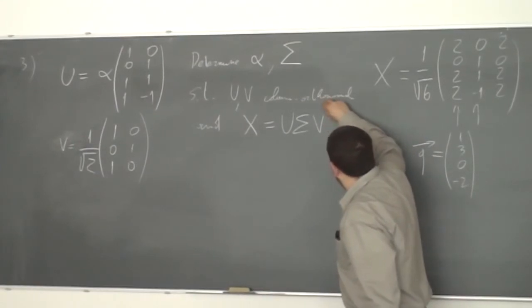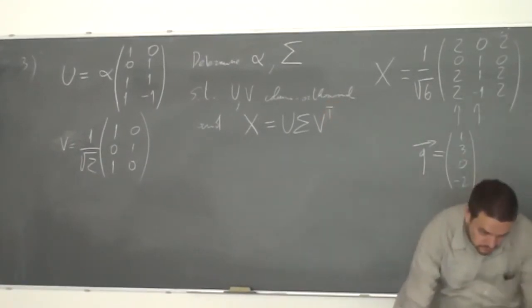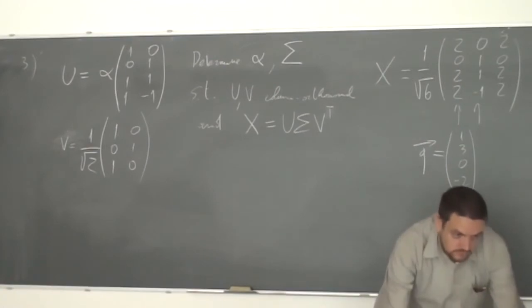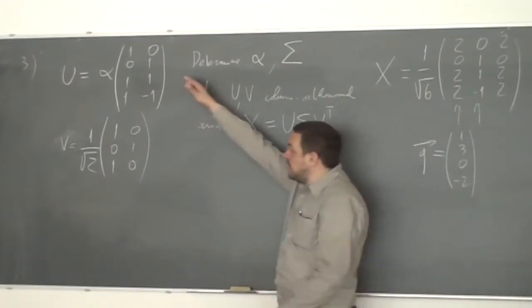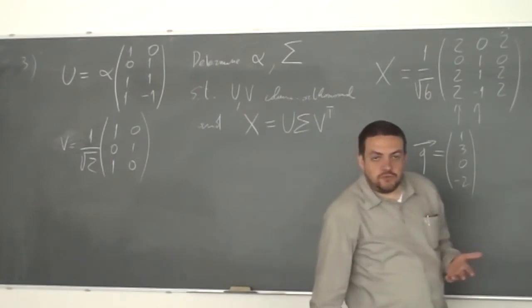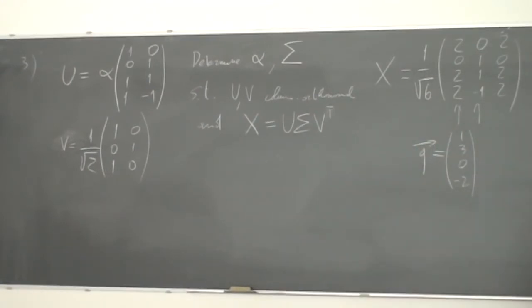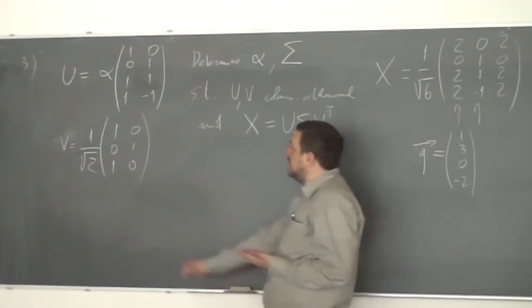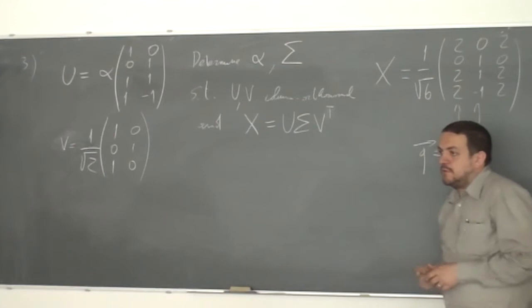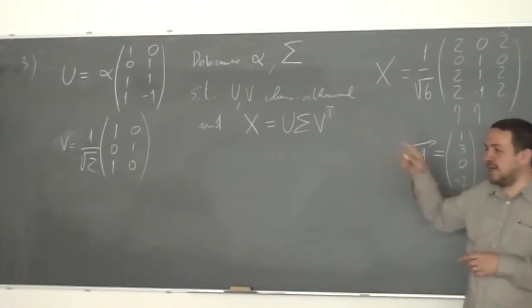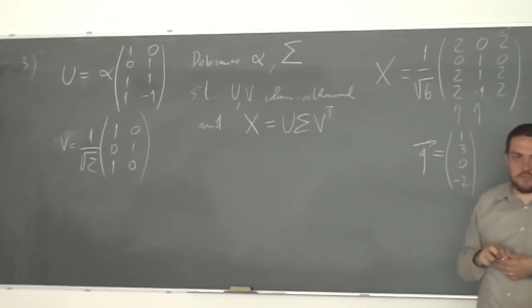This is it. So in this case, I'm just providing most of the pieces that we need to compute the singular value decomposition of our matrix. What we are actually missing is this coefficient and then the singular values. Of course, there are 2 singular values because the rank of the matrix is 2.